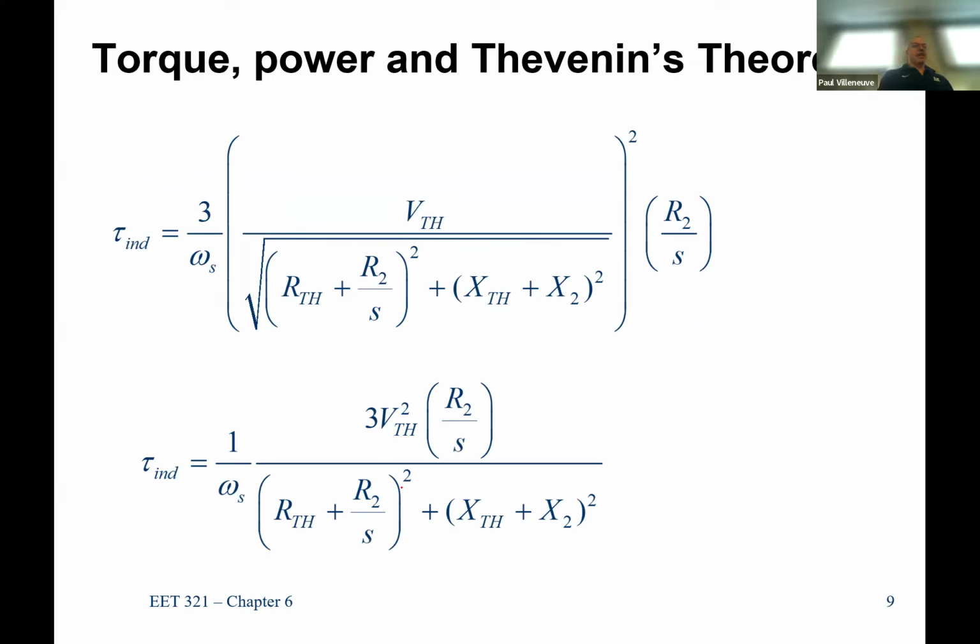So to calculate my induced torque, I have an equation, 3 over omega sub S, all times that. And then I can simplify it a little bit, and I have this equation. So now I have an equation of getting induced torque based on an equivalent circuit, a speed of operation, or the slip, and my applied voltage.